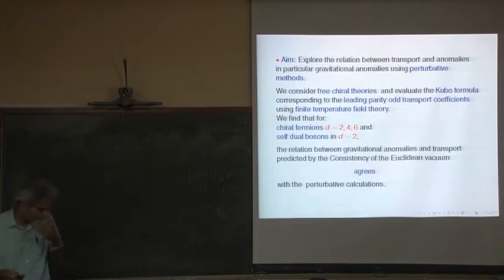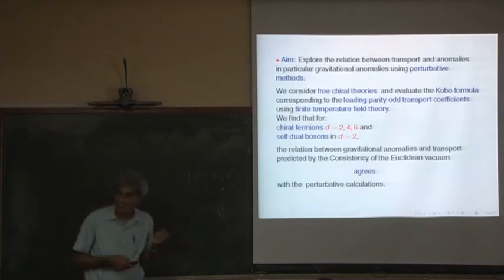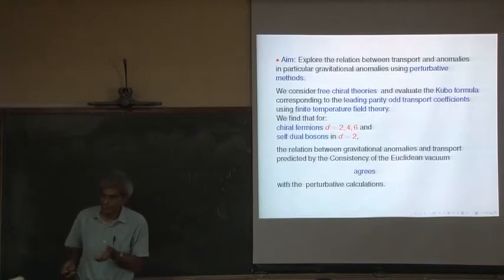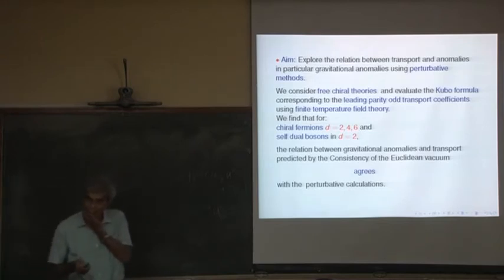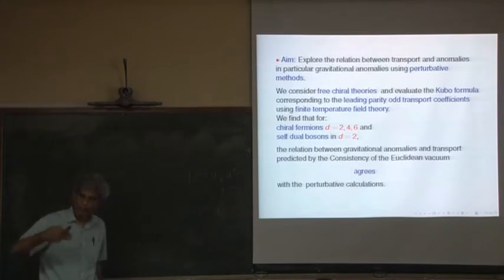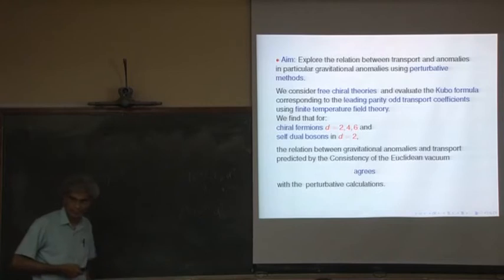Of course there are arguments, but let me say it roughly: this is controlled by the anomaly, and usually you expect it to be one-loop exact. So you can just do perturbative analysis at one loop and trust it. To prove it perturbatively is a little hard, and I will tell you what has been done towards the end of the talk.